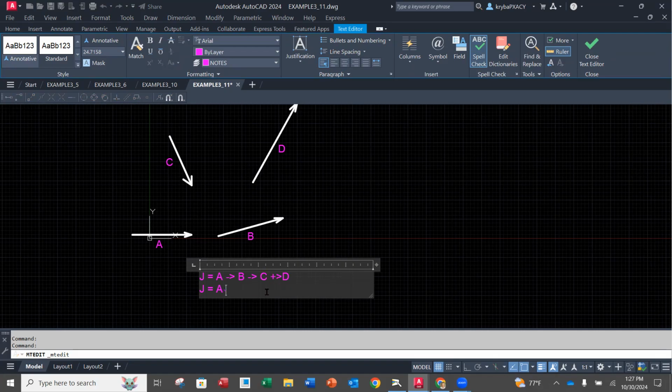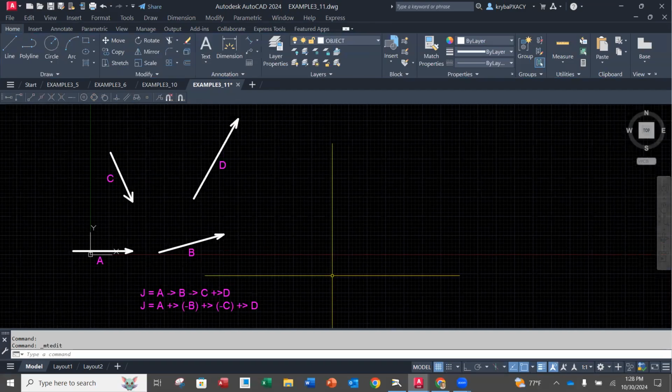So we're going to say A, but we're going to add vectorially the negative value of B. So instead of subtracting B, we're going to add the negative version of B. And then the same thing for C, we're going to add vectorially the negative version of C. And then we're going to add vectorially D. So the two that we need to change the direction on are B and C. Okay, so let's do that work.